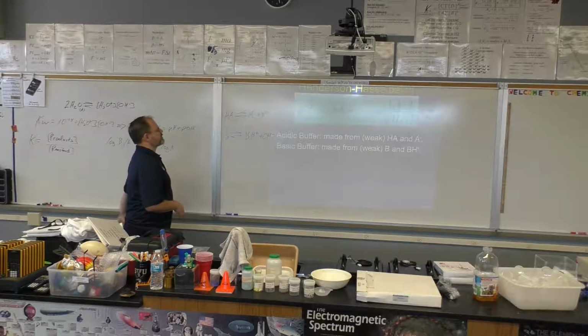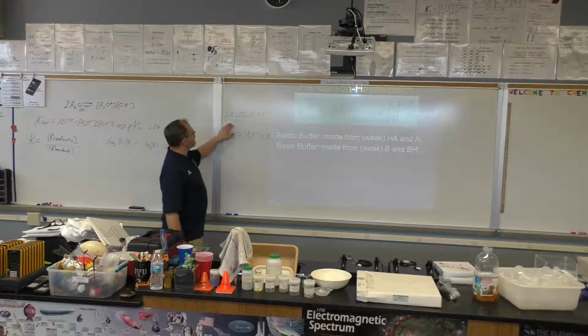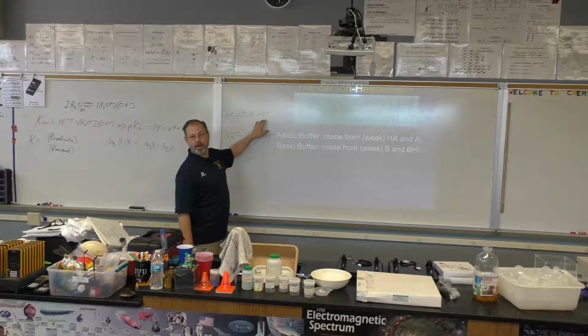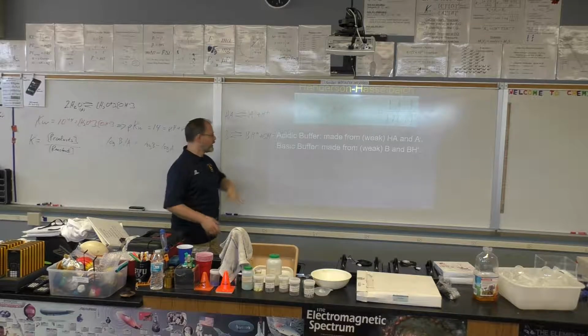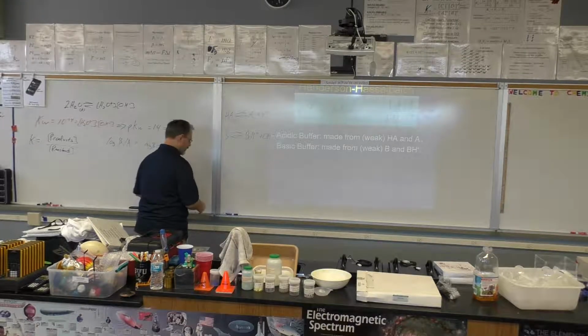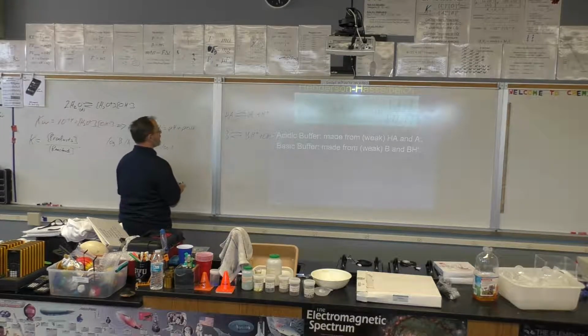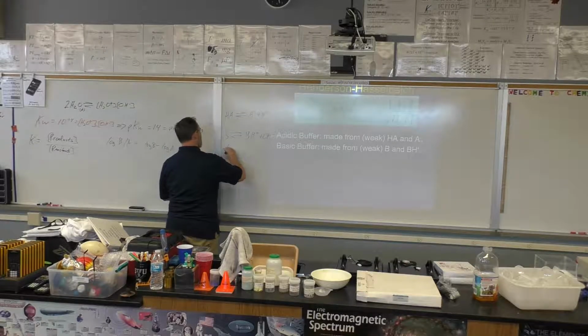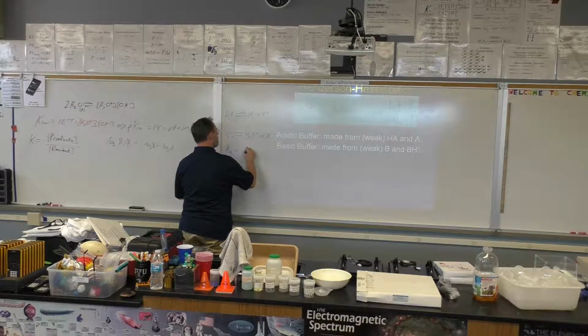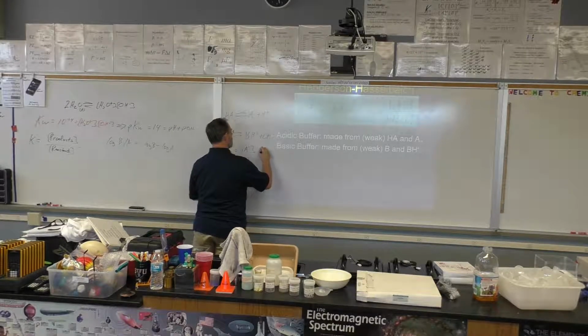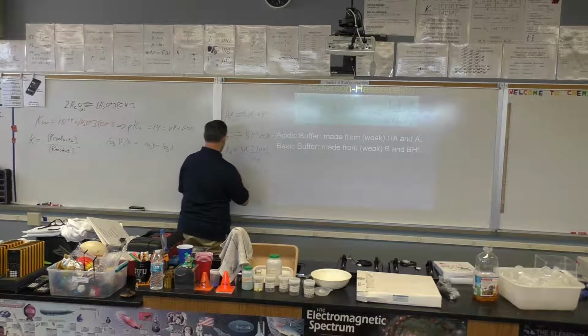So these two relationships exist, that HA is in equilibrium with A minus and H plus. B is in equilibrium with BH plus and OH minus. So you take the p's of these things, and you get something kind of interesting. So Ka is the equilibrium constant for acid, A minus times H plus over HA.